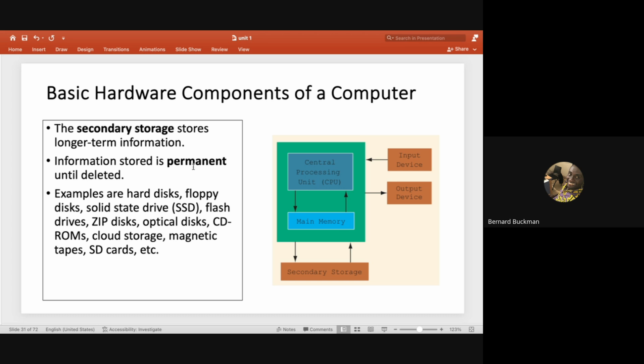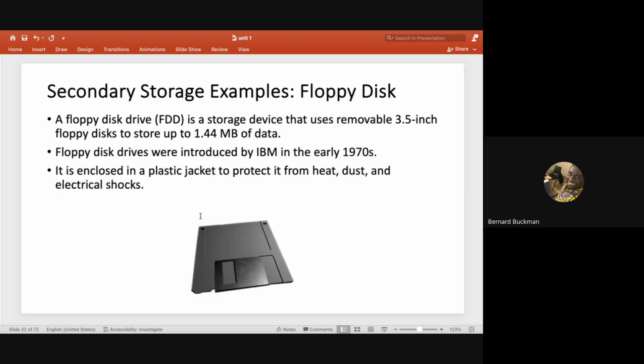When you switch off the machine, the information you store on your secondary storage is there permanently. Examples include hard disk, floppy disk, and something called solid state drive. I have photos of it.